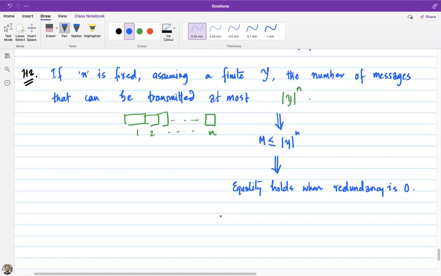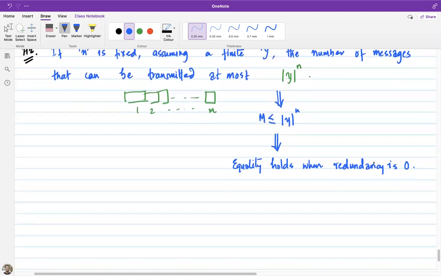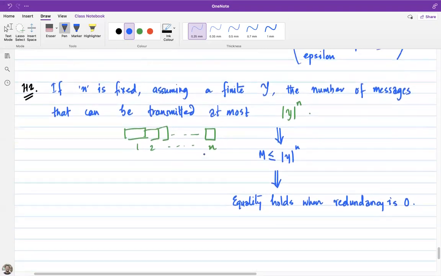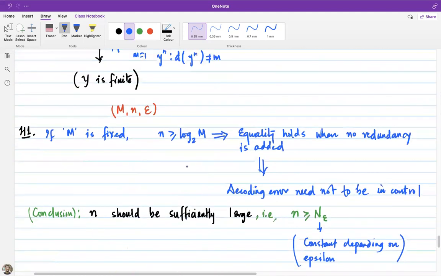And again, if there is no redundancy added, things will not be in your control. That means you can't give guarantees on the probability which you actually wanted. We initially wanted that this probability has to be less than epsilon.